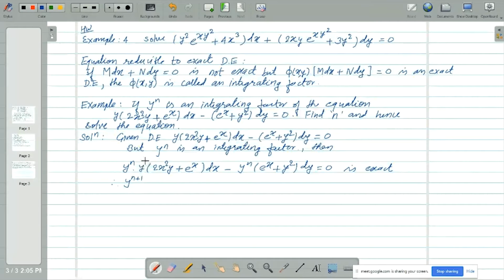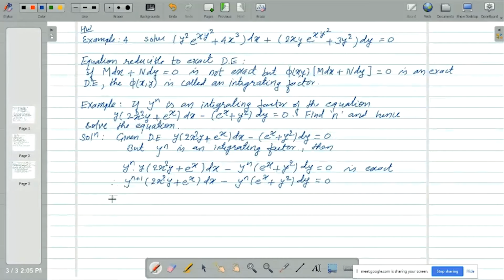So y raised to n plus 1 into (2x squared y plus e raised to x) dx minus y raised to n (e raised to x plus y squared) dy equal to 0. Now multiply y raised to n plus 1 inside the bracket.